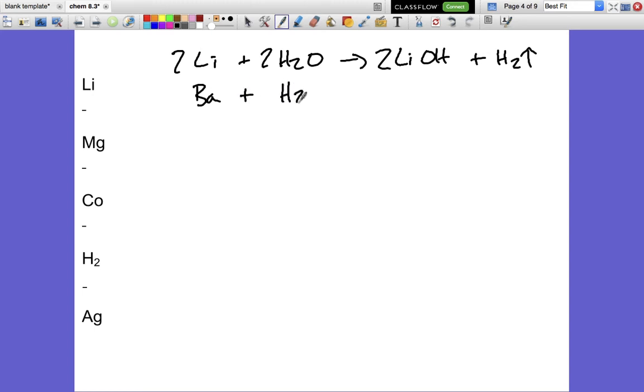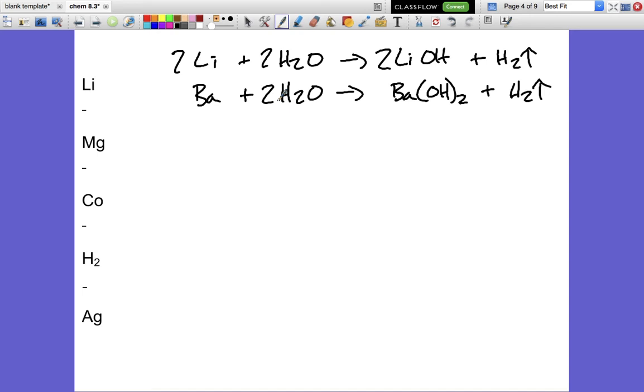So barium will react with water, and it's going to look a little bit different because it'd be a barium hydroxide with 2 hydroxides in it already, plus hydrogen gas. In which case, the only thing I need to do to balance is make sure that there are 2 waters, because I need to have 2 oxygens on both sides. And that should give me 4 hydrogens and 1 barium on both sides. So it might look one way or the other, just make sure you can follow examples from your notes.